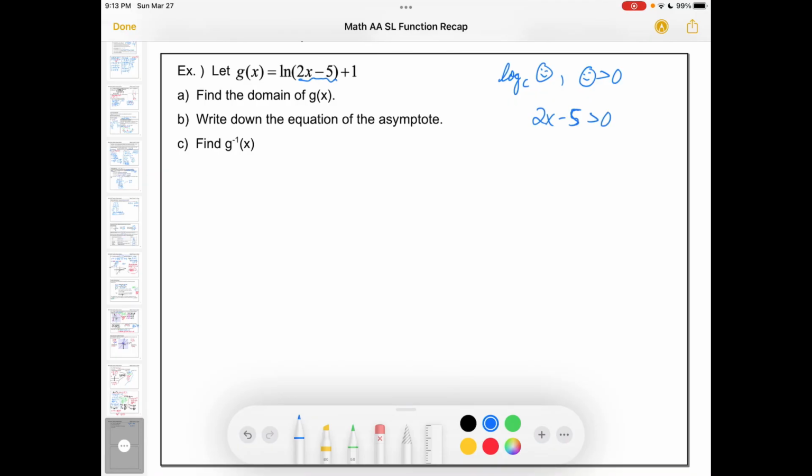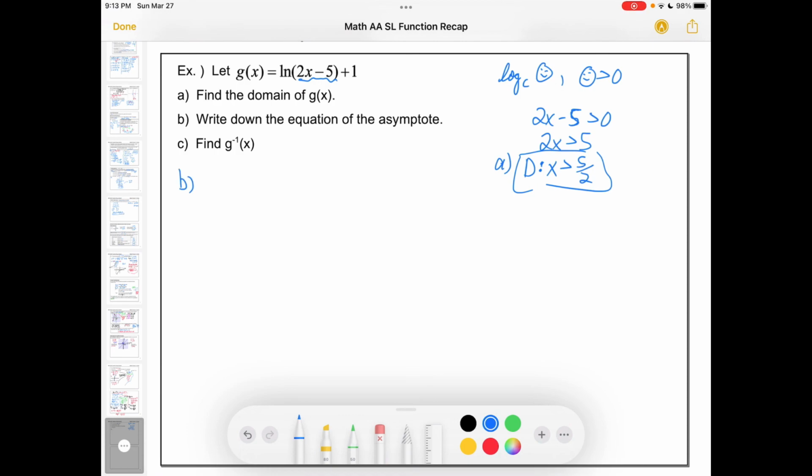That thing has to be greater than 0, which means 2x has to be greater than 5, where x is greater than 5 over 2. That is our domain. You can find it by inspection if that feels better for you, but this is a nice little technique where you take whatever's inside the log, set it to be greater than 0, and solve.